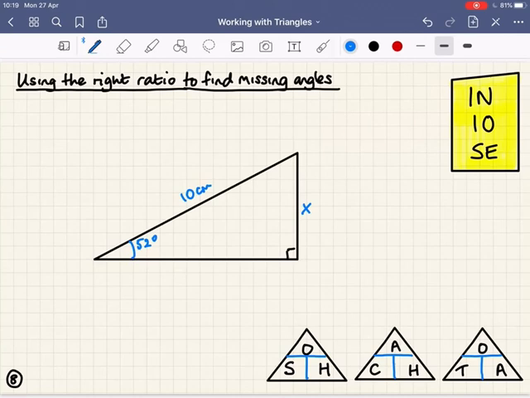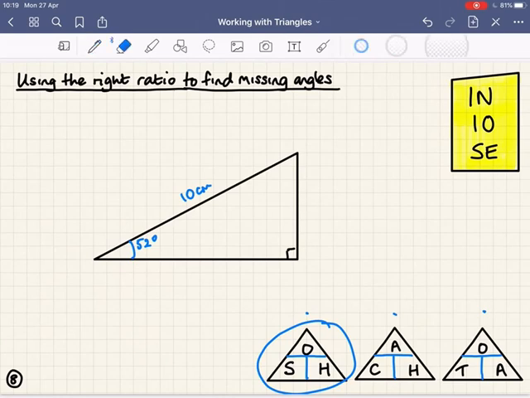So I look at my three ratios here. Which of them has got the opposite and the hypotenuse in it? Well, there it is. It's going to be the sine ratio. If I wanted to find maybe this side here, which is the adjacent side, now I've got the adjacent and the hypotenuse, well, I would then be looking at the cosine ratio.